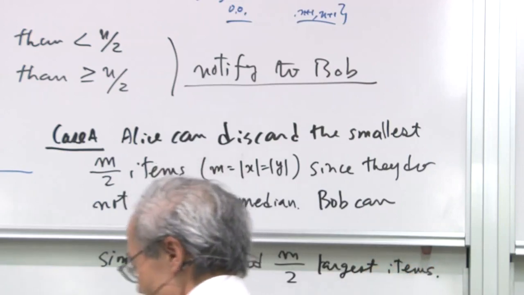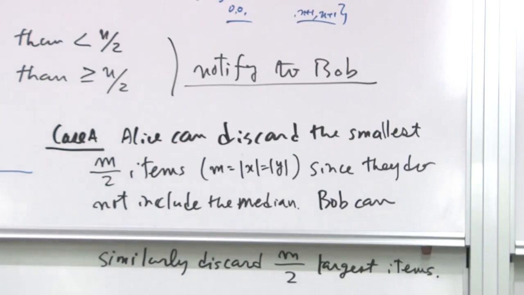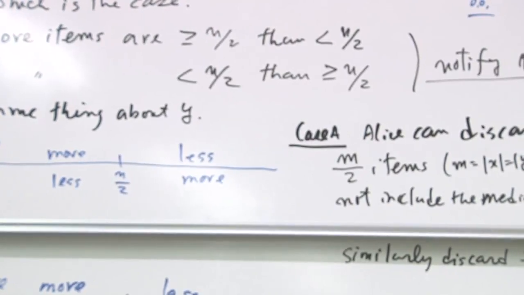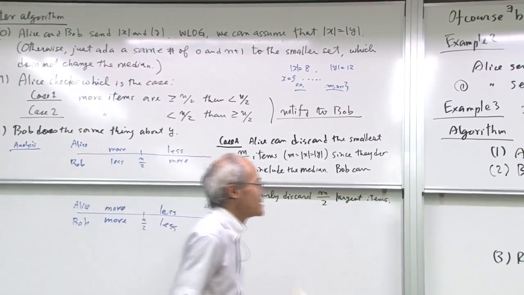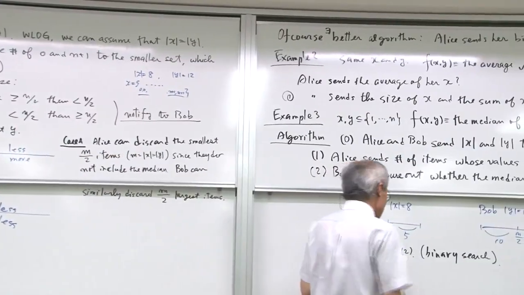So it's similar, but not the smallest, but n over 2 largest items. Okay. Let's see why this is okay.